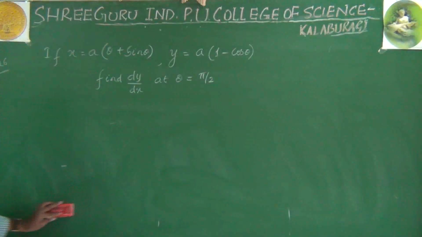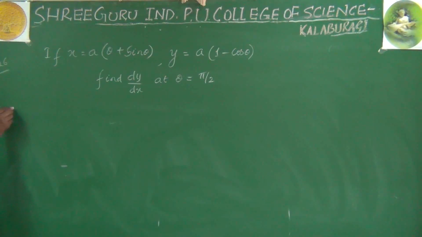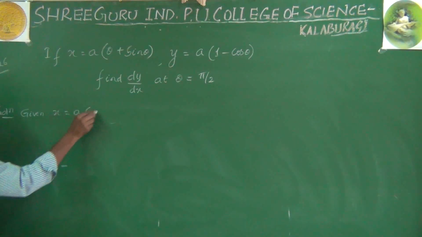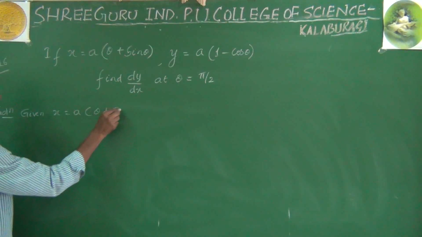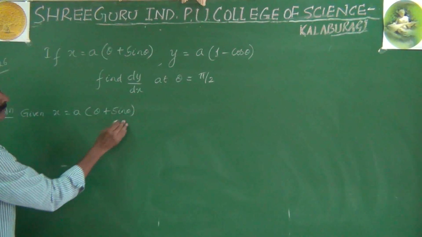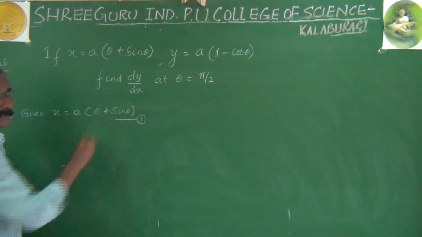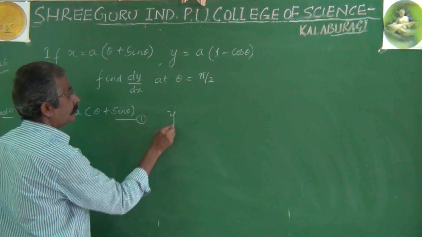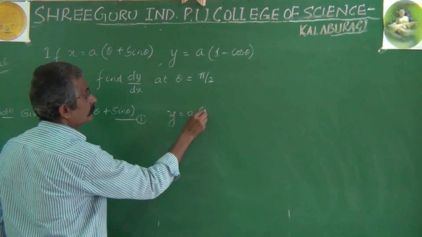Solution. Let's write it again. Given parametric equations, x equals a into theta plus sin theta, call 1, and y equals a into 1 minus cos theta, call 2.